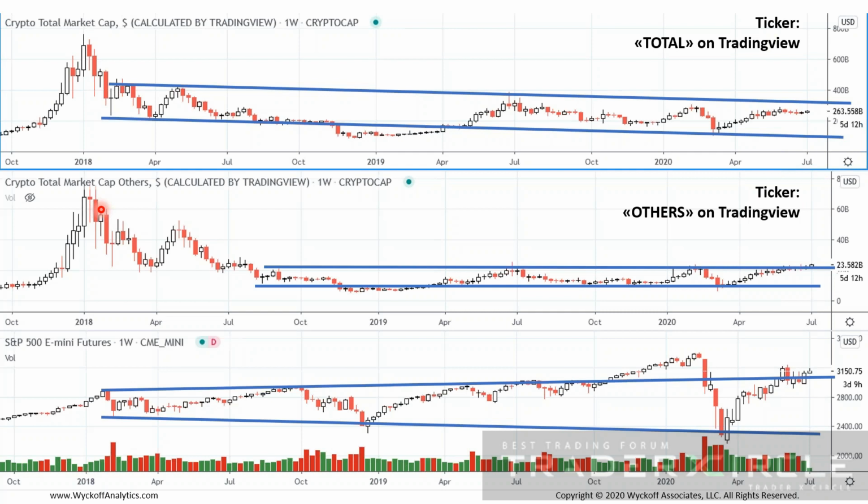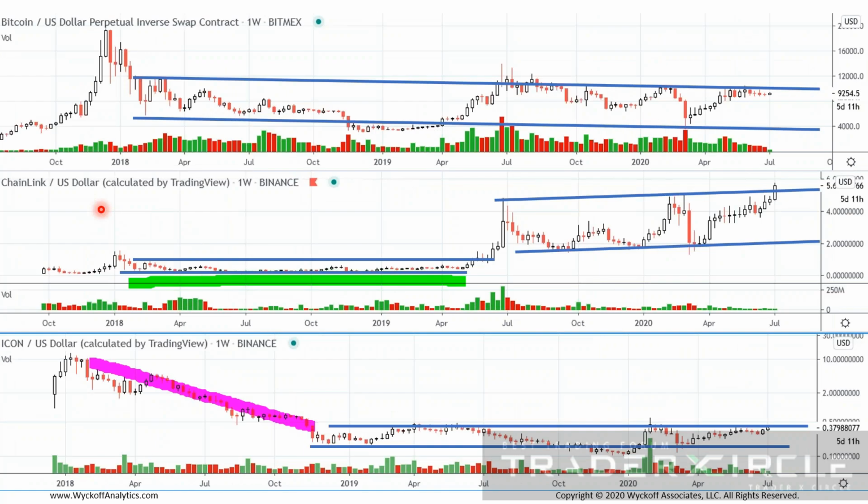For example, in this picture, you can see Bitcoin at the top of the chart and Chainlink in the middle. The third asset is ICX, Icon. Bitcoin is still today the most capitalized cryptocurrency. It's the oldest time-tested cryptocurrency.